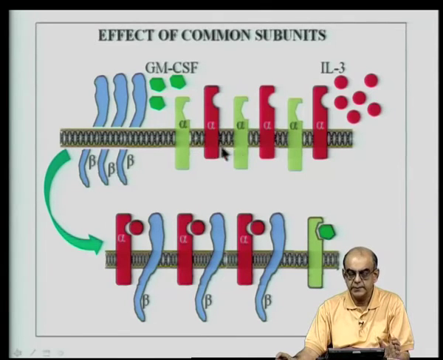So, on the membrane, let us say there are equal numbers; this is a hypothetical situation in order to explain the functional consequence of such sharing of these common subunits.